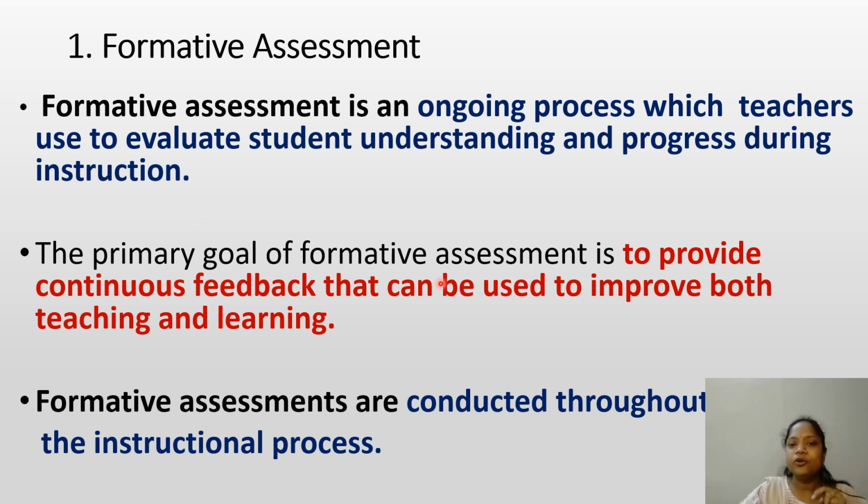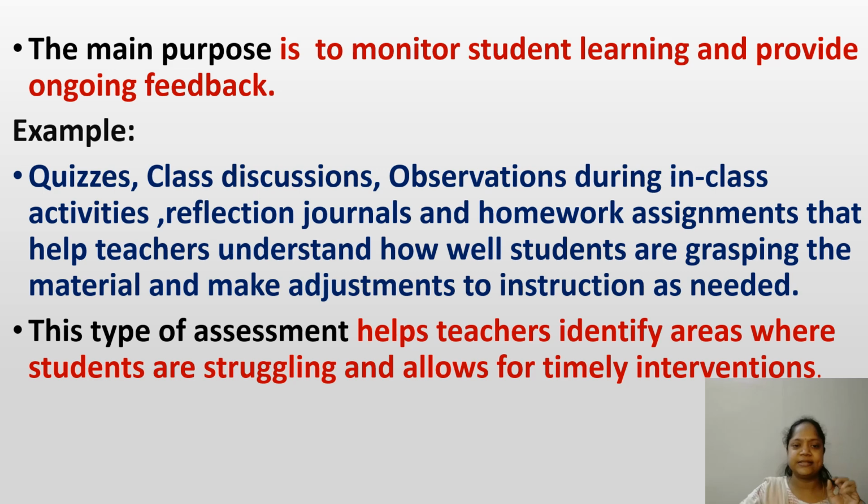The primary goal of formative assessment is to provide continuous feedback that can be used to improve both teaching and learning. So main purpose is to monitor student learning and provide ongoing feedback. This is very important, where we have ongoing feedback, in formative assessment. Teacher corrects the child that time itself. Okay, that is important.